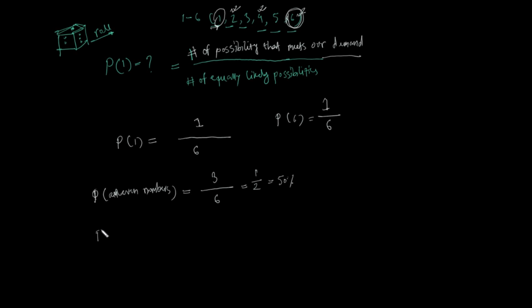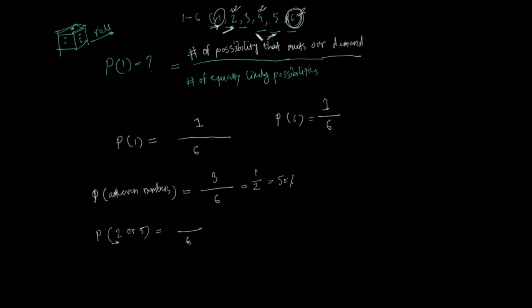So what is the probability that you roll a 2 or a 5 when you roll a 6-sided dice? Our number of equally likely possibilities is 6 here, and out of that, we need either a 2 or a 5.